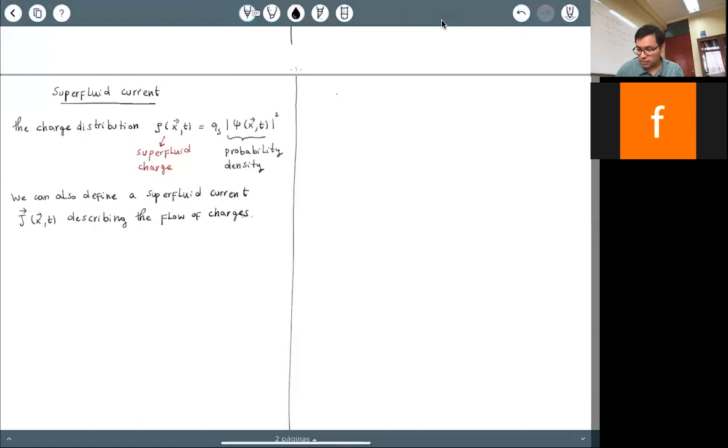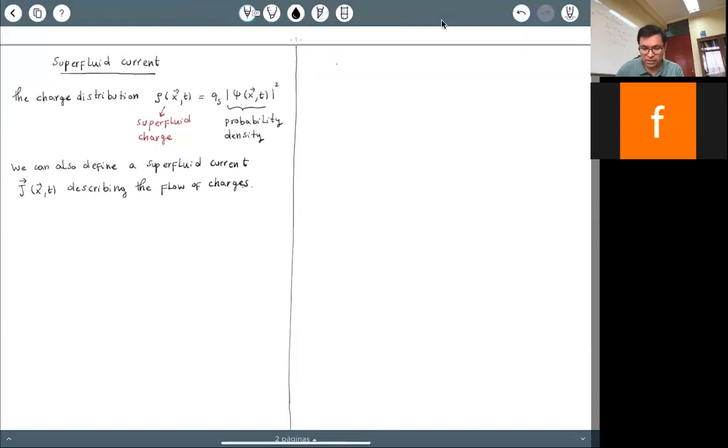like in electromagnetism. So imagine you have a volume here with a surface, where you have some charge density inside. And imagine this is a normal vector to the surface.